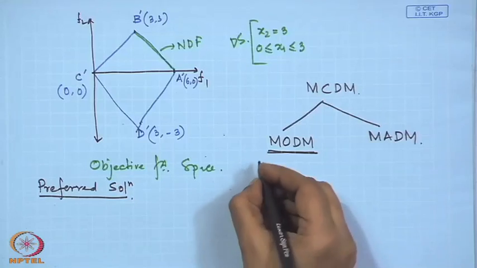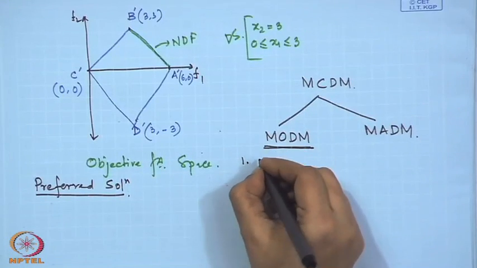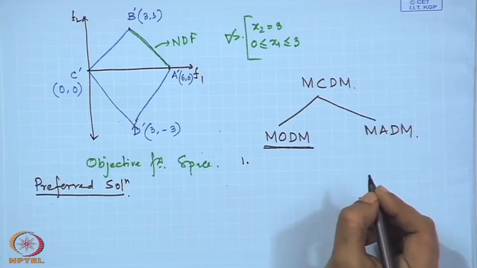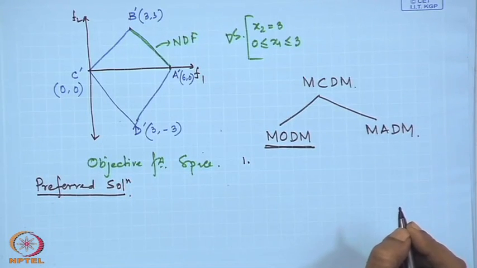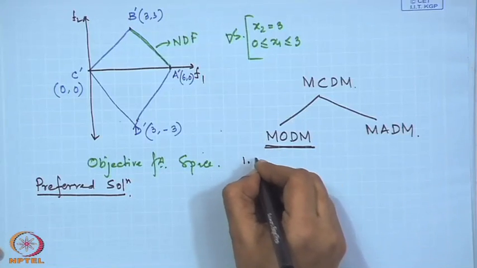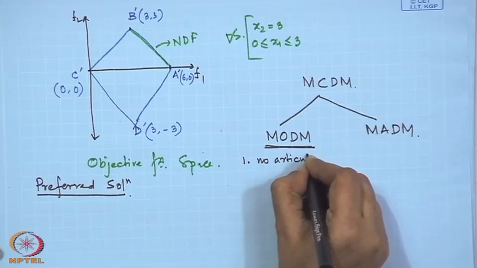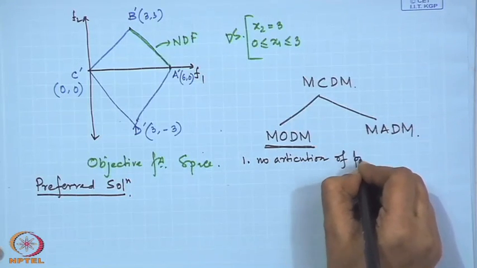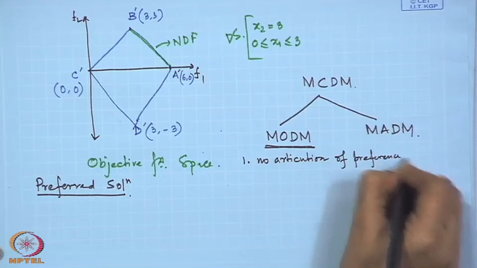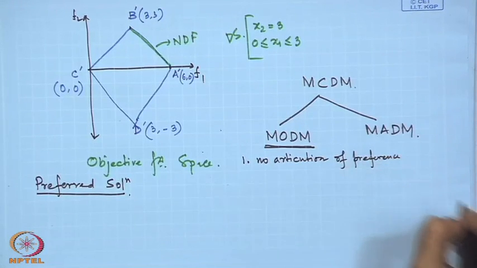and all the methodologies can be categorized into 4 types. The classification has been done depending on the information available in the decision process. The first classification is that no articulation of the preference information of the decision maker is given. No subjective information, no preference structure about the decision maker is given in the process.